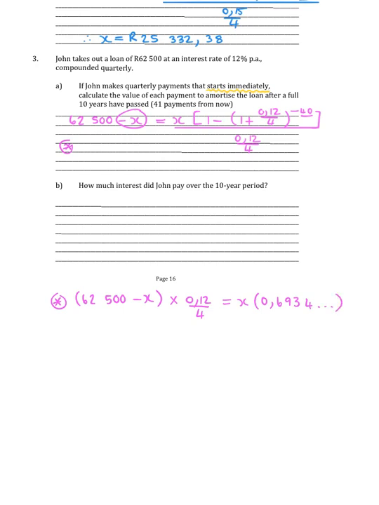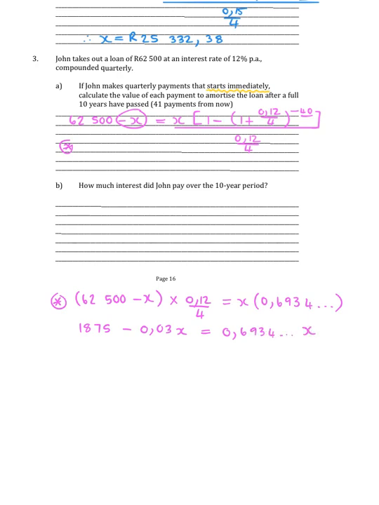Now simplifying the left hand side, multiplying in the 0.12 over 4, which is just 0.03. This simplifies to 1875 minus 0.03x is equal to 0.6934, all of that x.